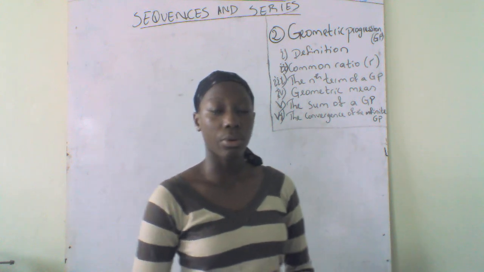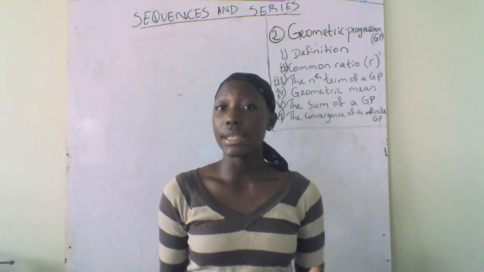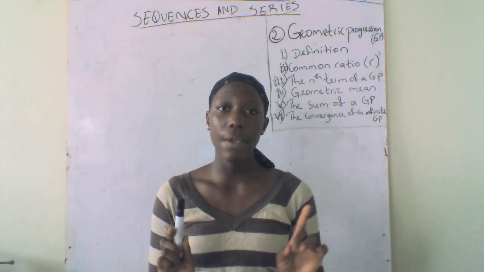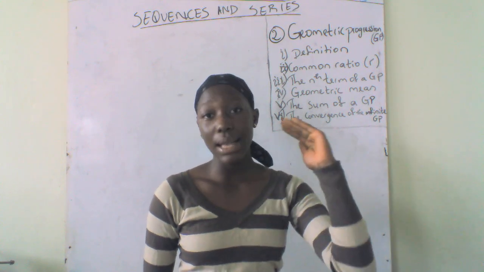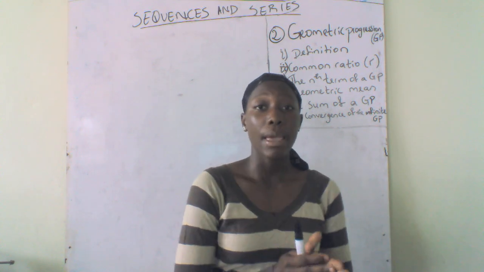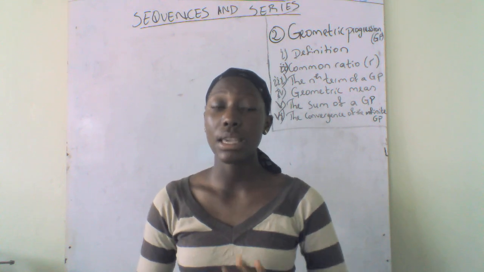What is a geometric progression? A sequence is said to be in a geometric progression if and only if there is a constant number multiplying a previous term to get the next one.